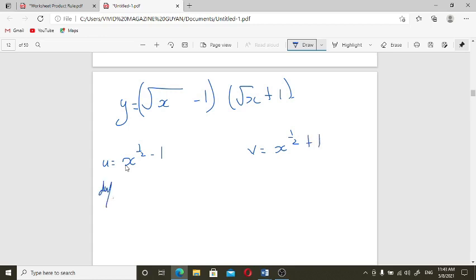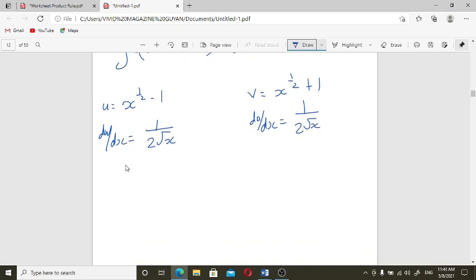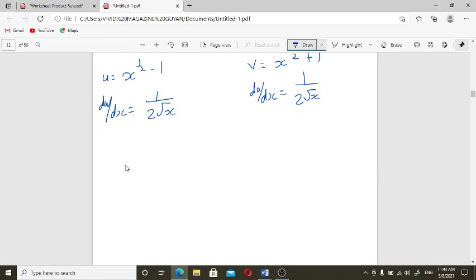So du upon dx, we already did this before, is 1 over 2 root x, and likewise on this side, dv upon dx is also equal to 1 over 2 root x. That's the beauty of it. Once you work the problems enough, you just know what happens in certain situations.